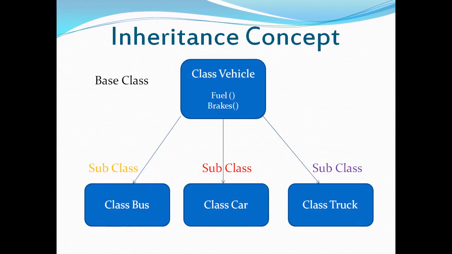See this diagram in which the three classes are inherited from the vehicle class. So the vehicle class is a base class and all three classes are subclasses: bus class, car class and truck class.